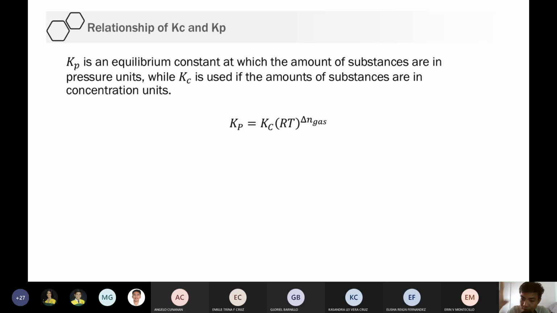So, since iisang molecules lang naman yung pinag-uusapan natin, then the two must be related. Their relationship is shown as this formula. Kp equals Kc times RT to the delta n gas.